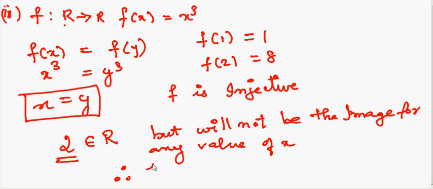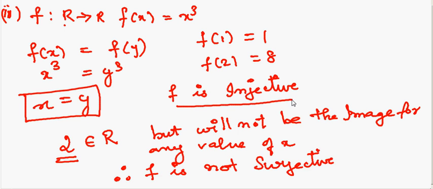Therefore, f is not surjective. So the given function is only injective and not surjective. I hope you are clear on how to identify the injectivity and surjectivity in a given function.